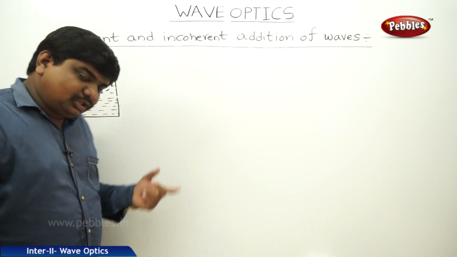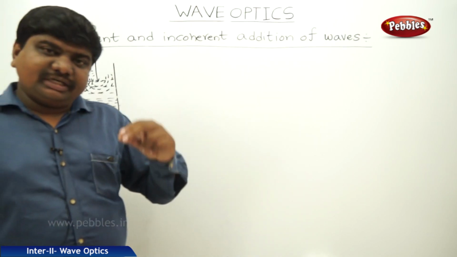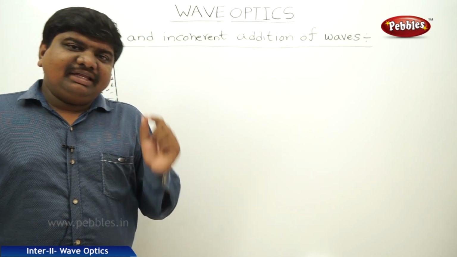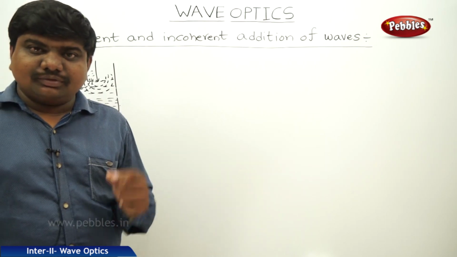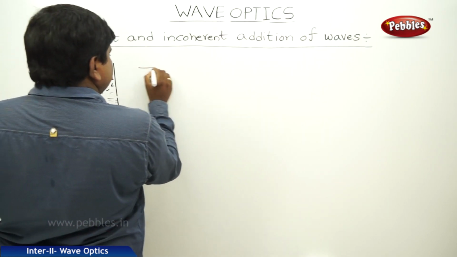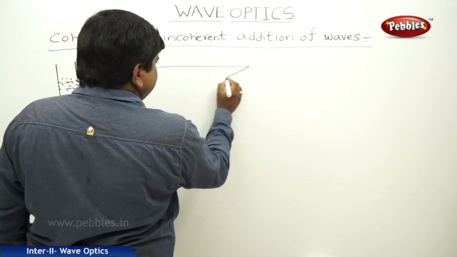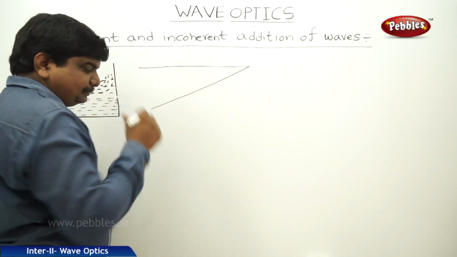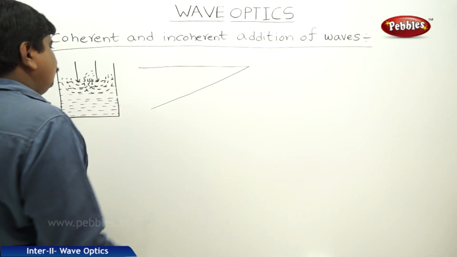Let us suppose there are two waves produced at the same time, but their wavelengths are different. What are the examples?